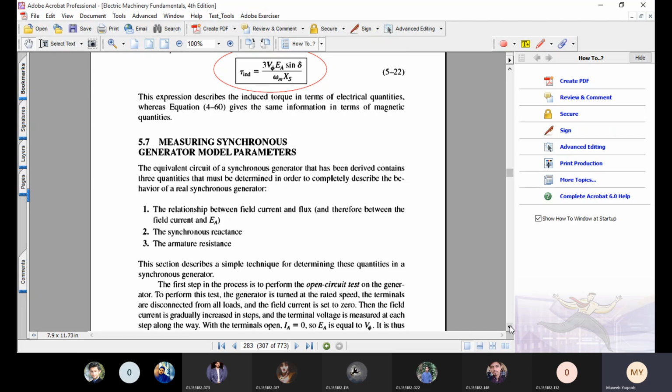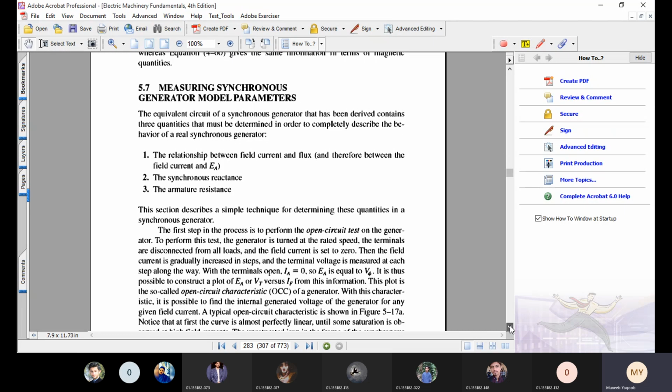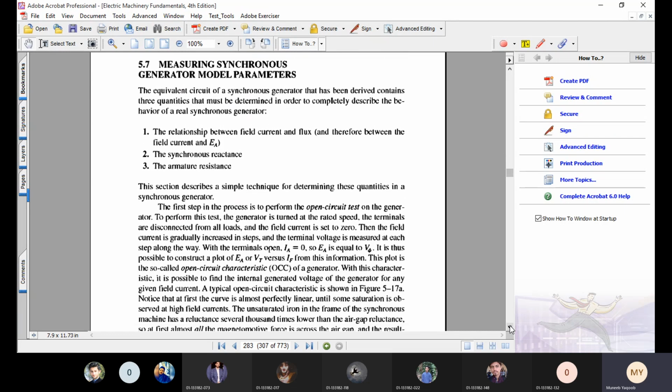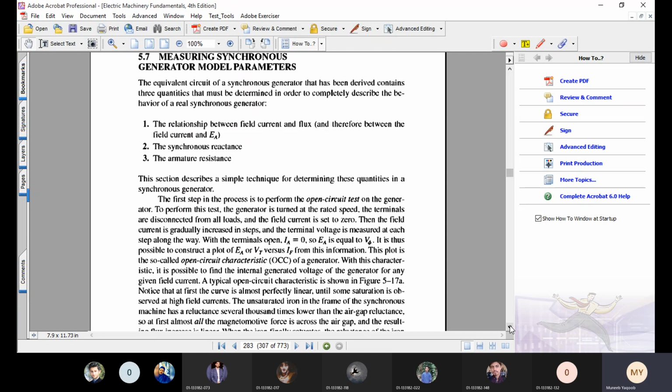In a similar way, here we will perform the open circuit test to calculate the internally generated voltage EA. Then we will perform the short circuit test to calculate the short circuited current IA. And then using the open circuit test and the short circuit test values, that is EA and IA, we will compute the approximate synchronous reactance XS.